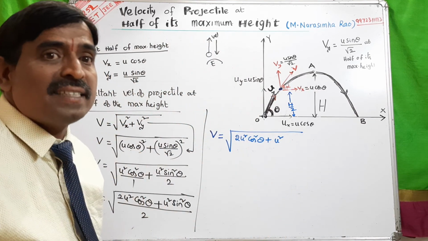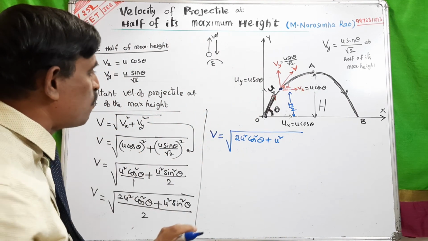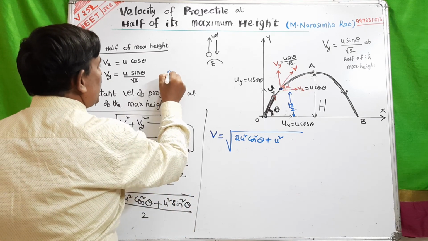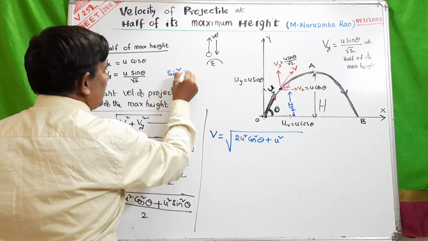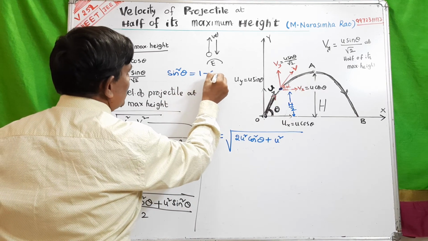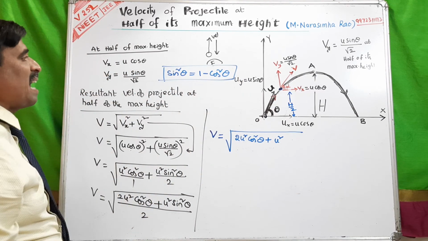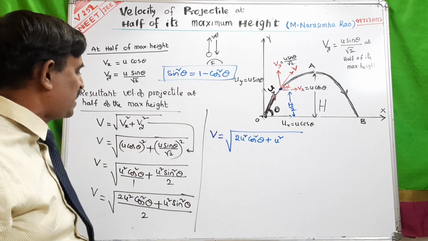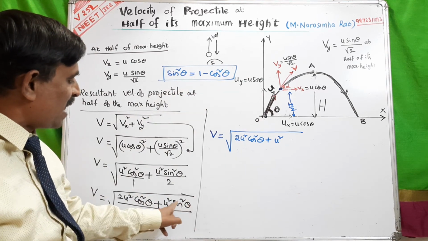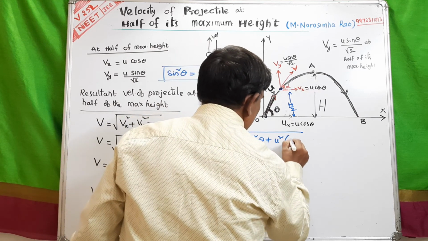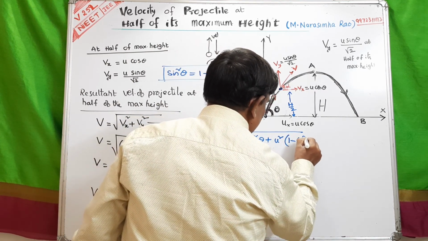In 10th class, we have one formula: sin square theta can be written as 1 minus cos square theta.